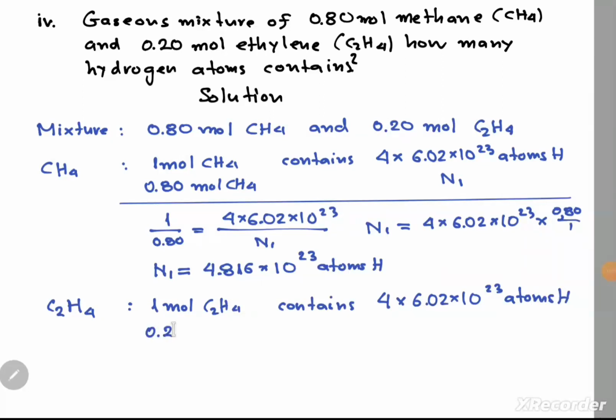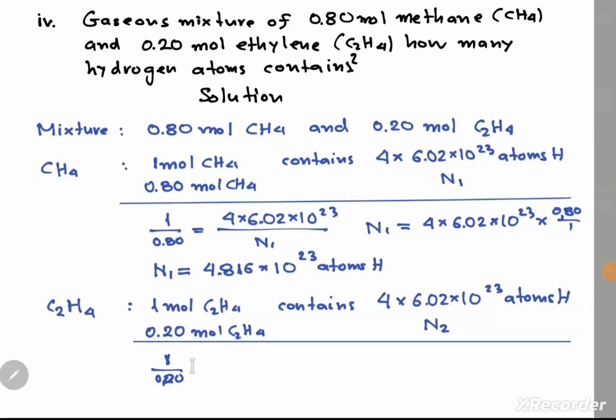In the mixture we have 0.2 mole of ethylene and we can calculate the atoms of hydrogen. So we have the number for the second component.